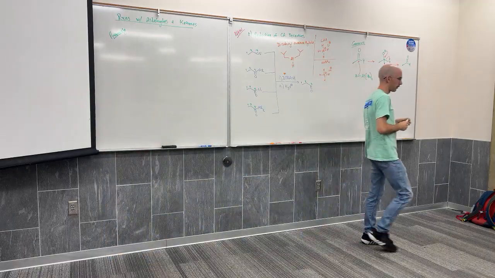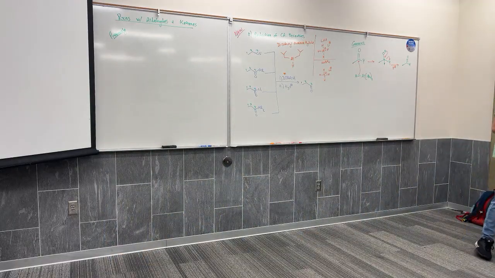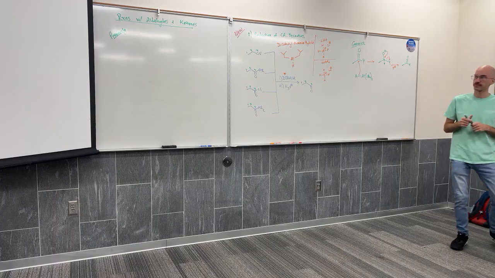So let's think of all the ways we've previously seen reactions with these starting materials. Can you guys tell me, did we see a reduction of aldehydes or ketones in OChem 1? Or sorry, reactions with aldehydes or ketones in OChem 1? We formed them a couple of times, but that was it.